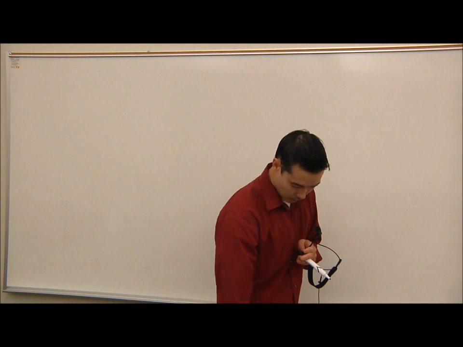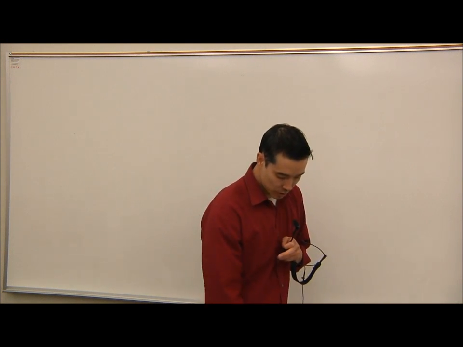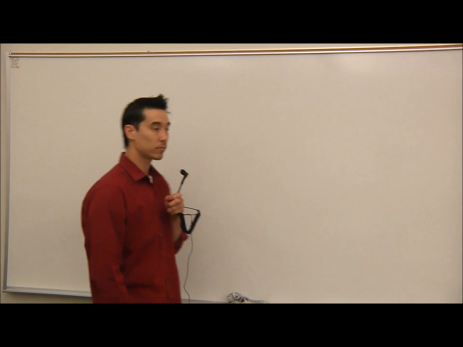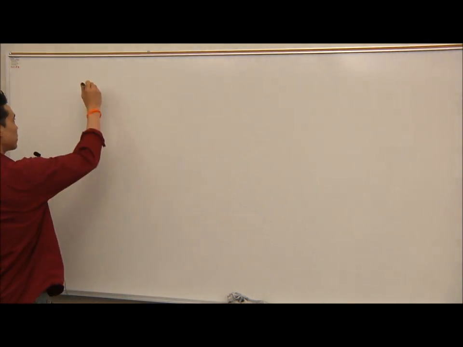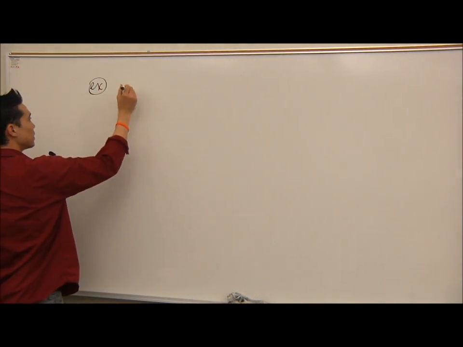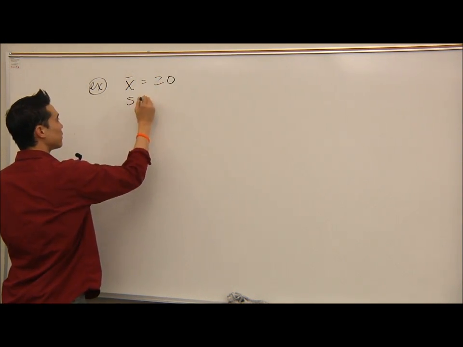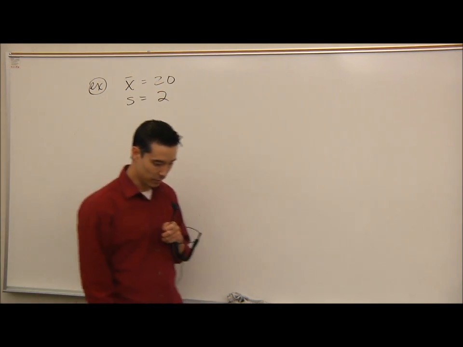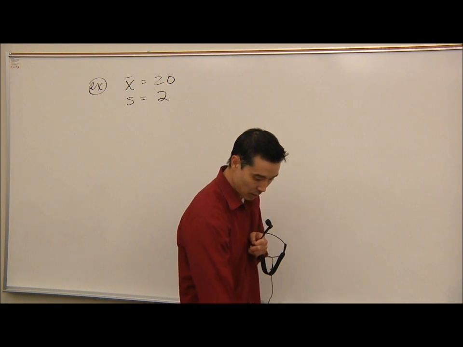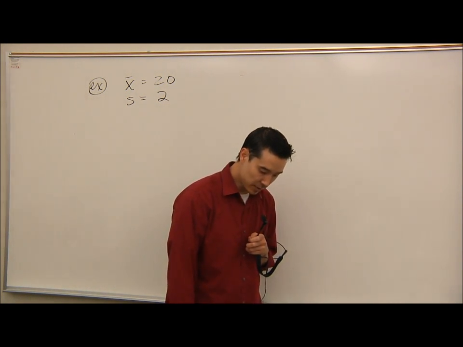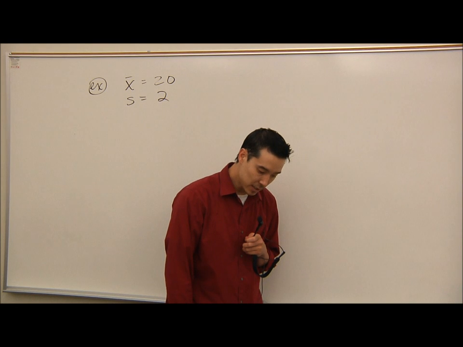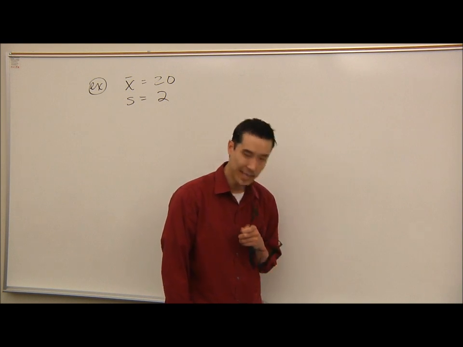All right. The mean of a distribution is 20 and the standard deviation is 2. Okay, so the information given in this example is the mean of a distribution is 20, and the standard deviation is 2. That's given information. All right, question 1. Using Chebyshev's theorem, at least what percentage of values will fall between 10 and 30?